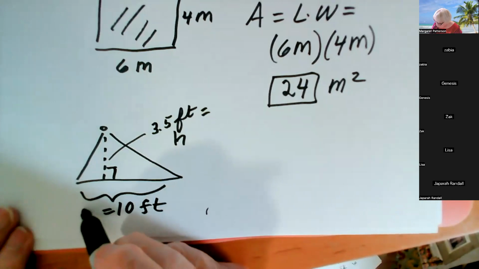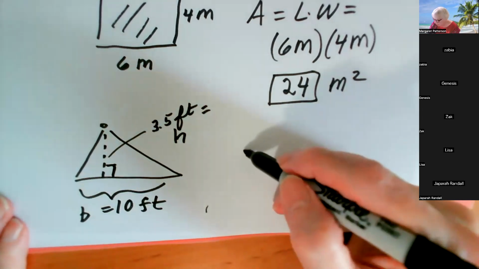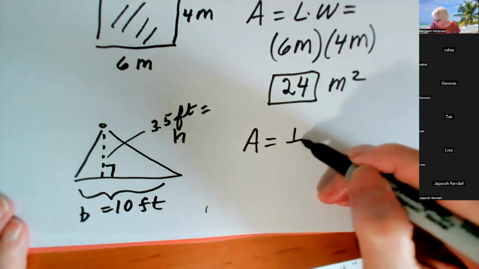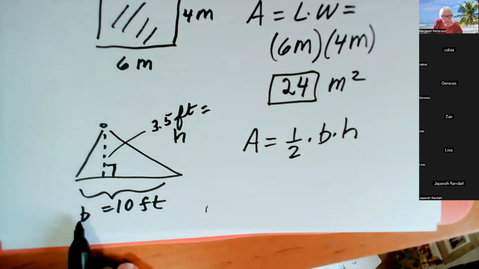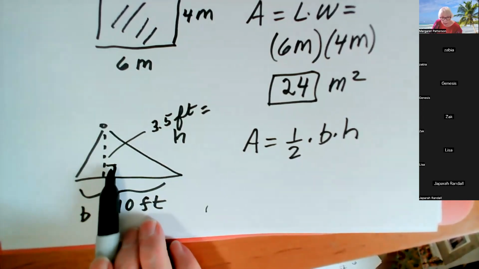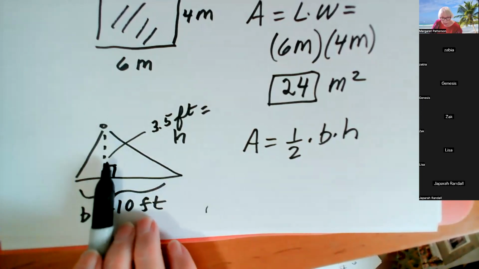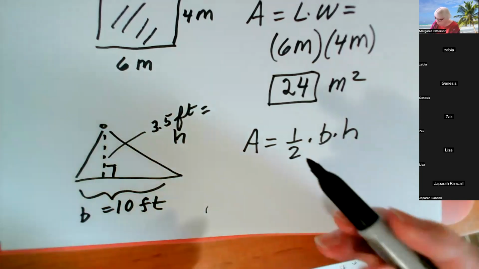This is considered the base. Whether you care about that or not doesn't matter. The area is 1/2 times the base times the height. So the base is the bottom, and notice how the height is perpendicular, 90 degrees. And so these are the two numbers that have to be multiplied.